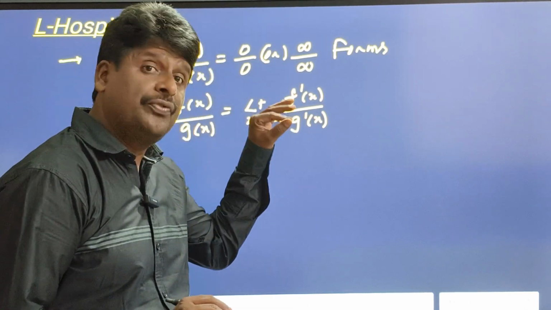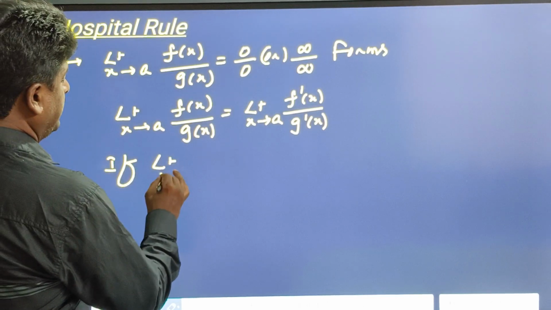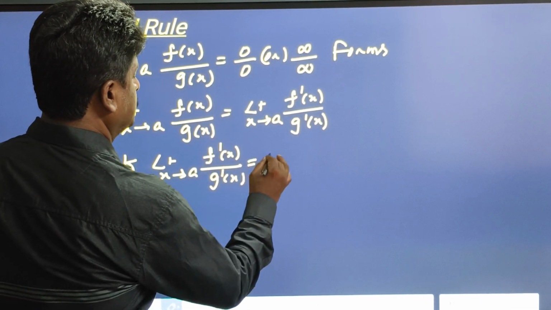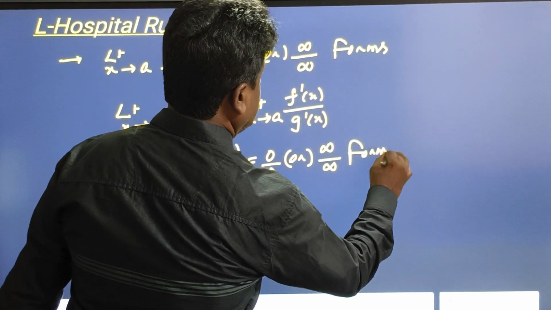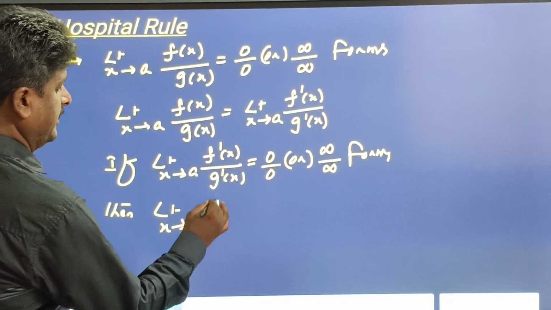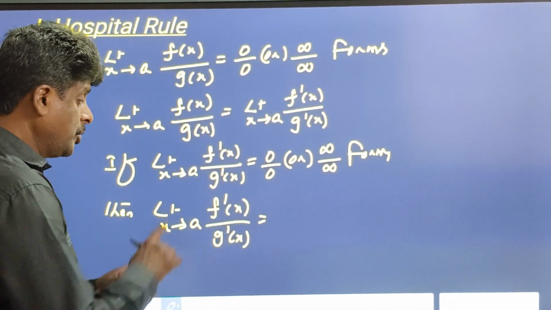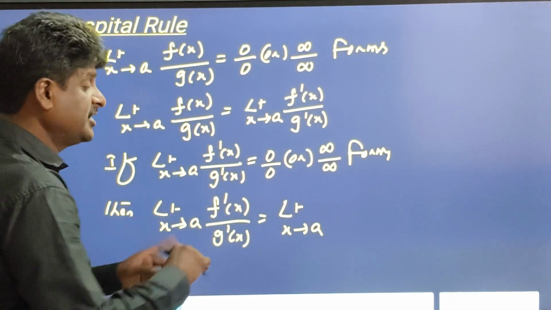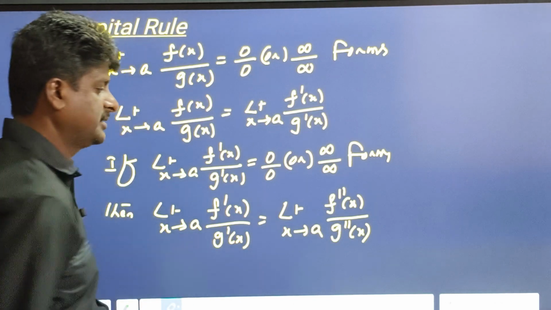If here also we get 0 by 0 or infinity by infinity form, then differentiate numerator and denominator separately and then apply the limit: f double dash of x by g double dash of x.